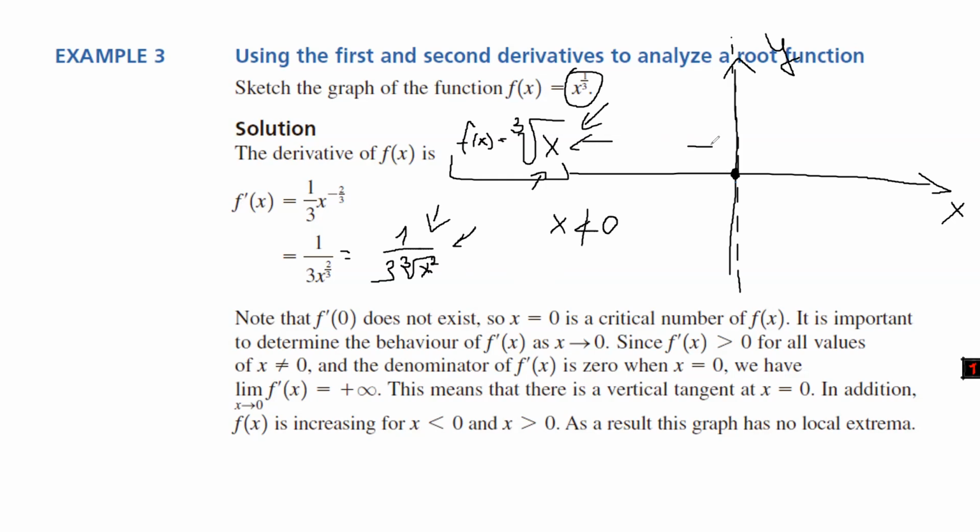So we know that we cannot approach x equals 0 from this side, but we can approach it from here. So we're going to substitute positive values of x, test points, to see how the function behaves. And we know that from the right-hand side, the first derivative goes to infinity. So it's a vertical asymptote.